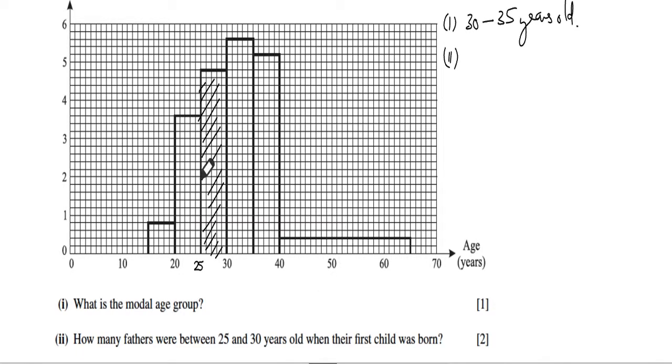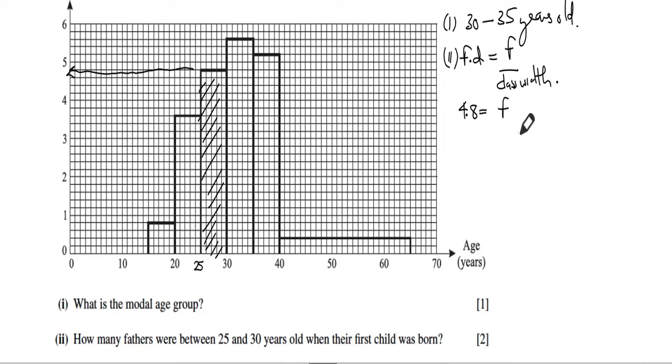If we look at the frequency density, the value over here is 4.8, and the formula is frequency density equals frequency over class width. Frequency density we already know is 4.8.